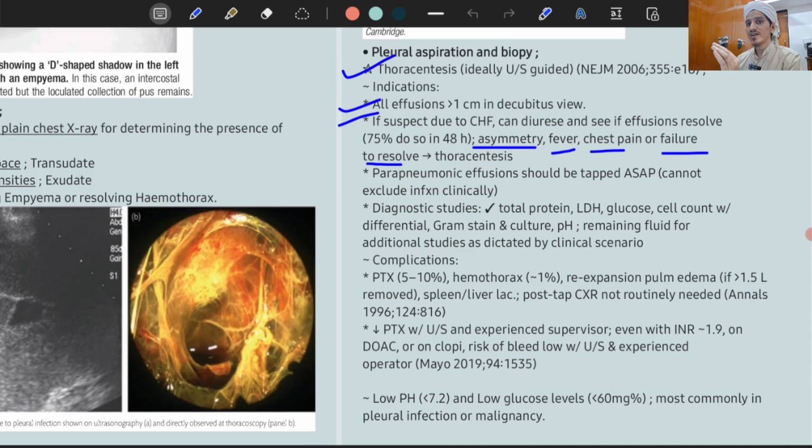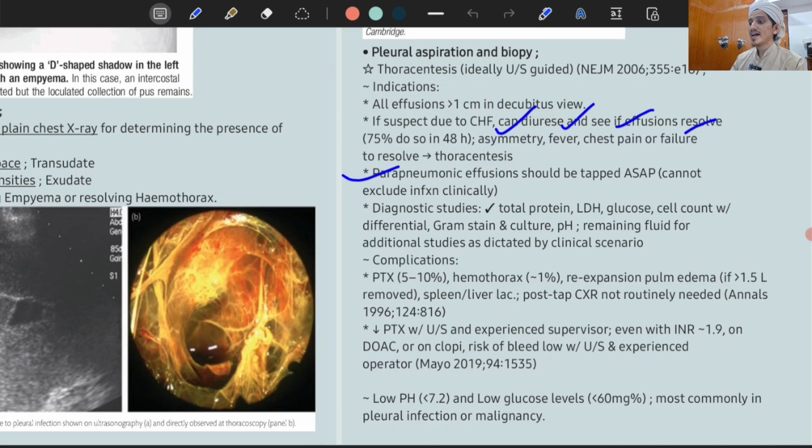In these 4 conditions, in these atypical features, you should aspirate the fluid and send it for investigations. So what are the 4 features? The 4 features are asymmetry, fever, chest pain, and failure to resolve even after giving diuretics. So these are the 4 features.